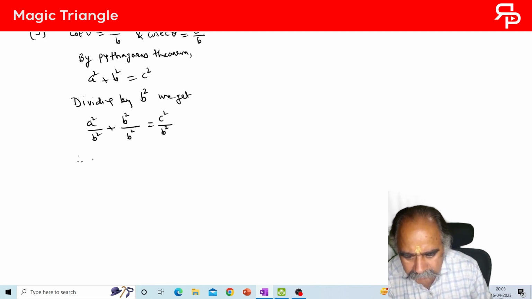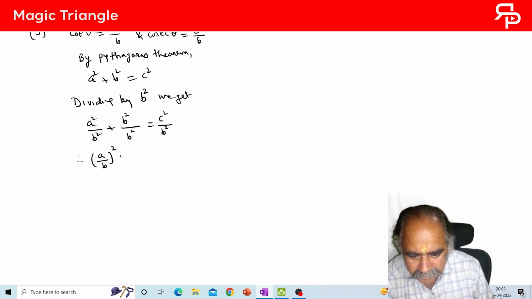Therefore, this is A by B the whole square. B square by B square is 1, is equal to, this can be written as C by B the whole square.